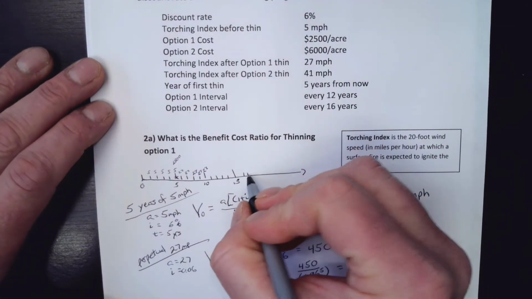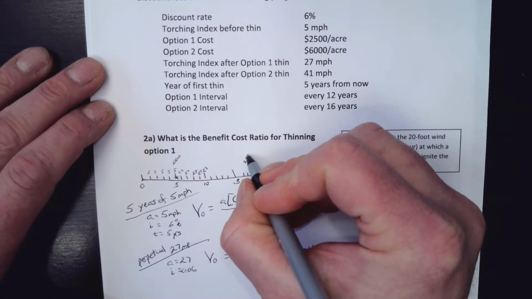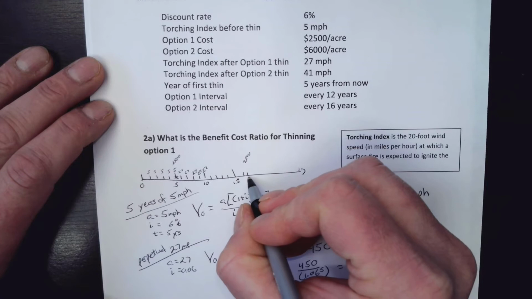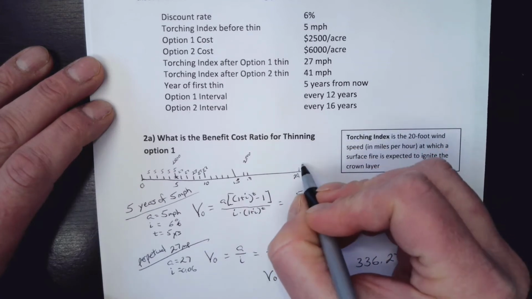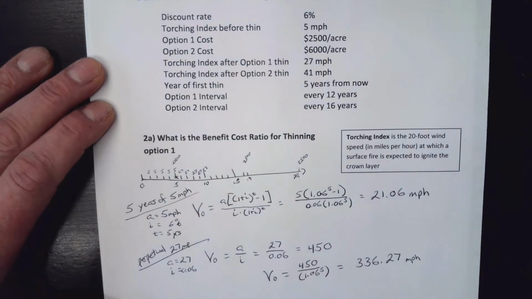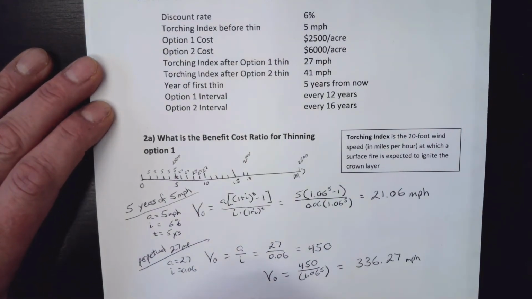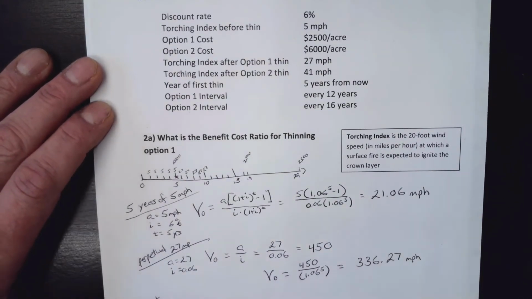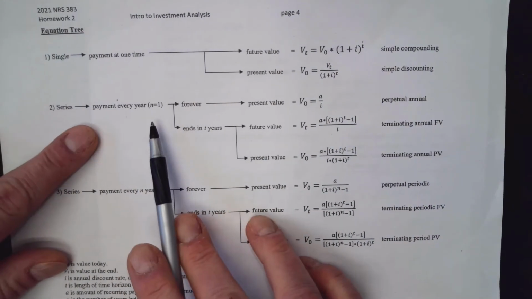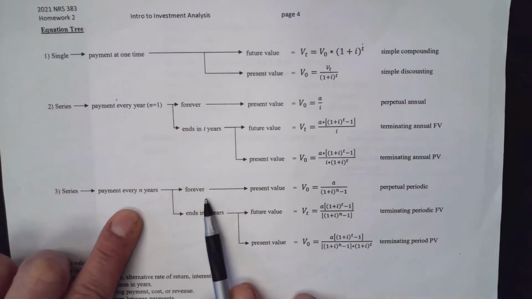So at 17 we would have 2,500, and then out there again, so at 29 we would have another 2,500, and on and on and on. So this is our cost, and it is going not every year, every n years, forever.